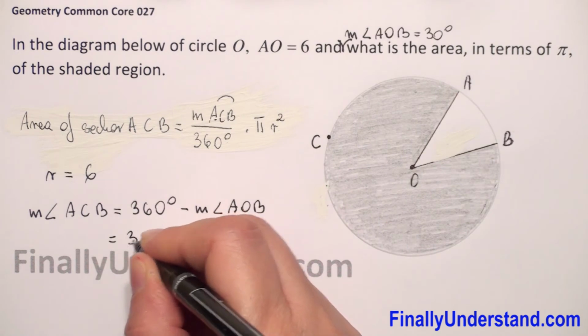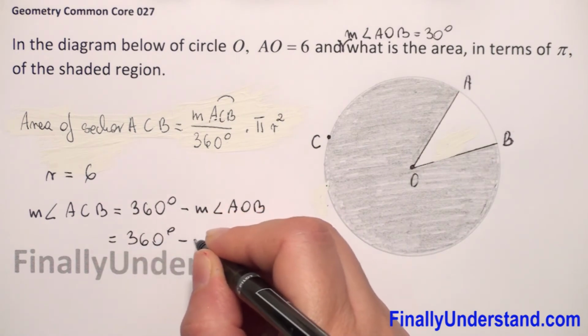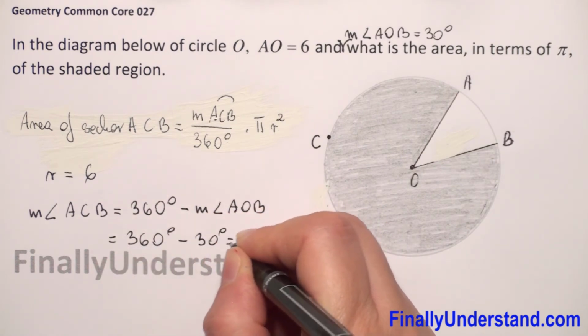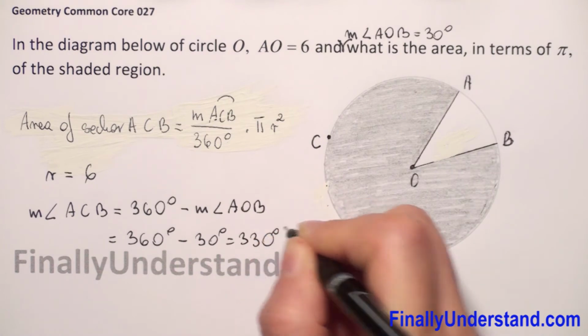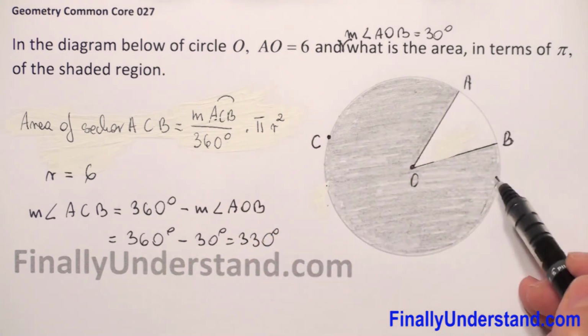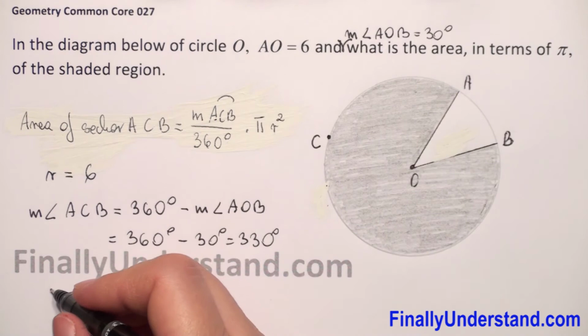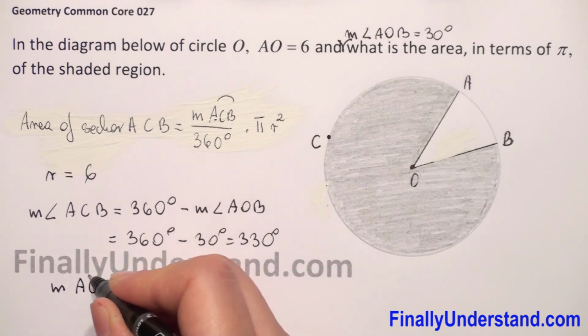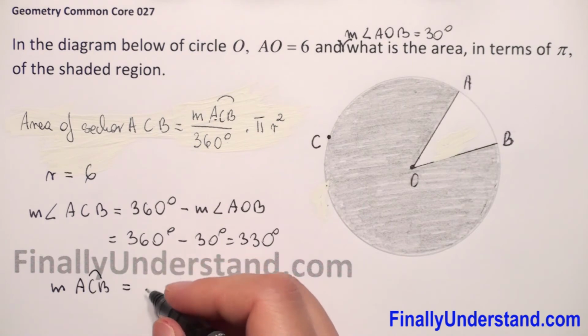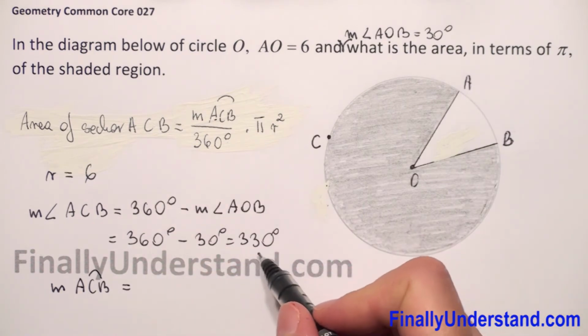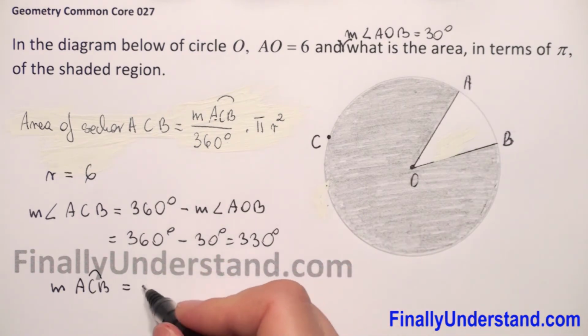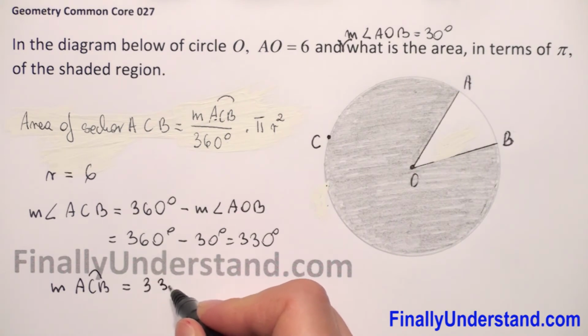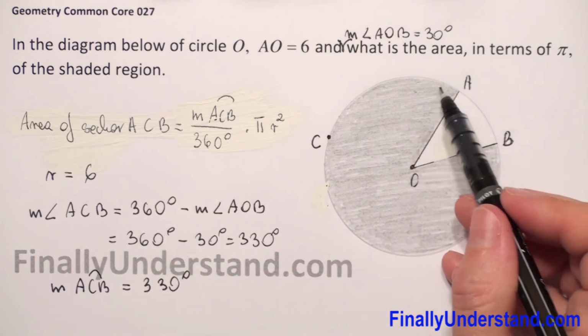So this is equal to 360 degrees minus 30 degrees, so this is 330 degrees. We have the measure of this angle, so the measure of arc ACB is equal to 330 degrees.